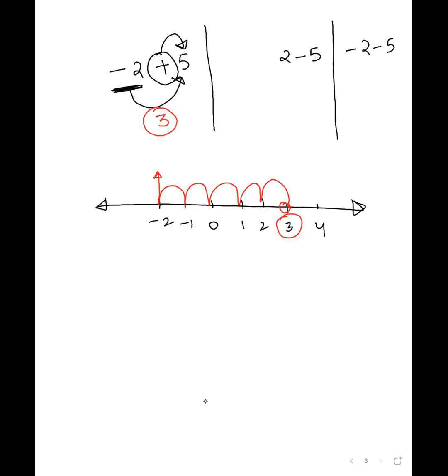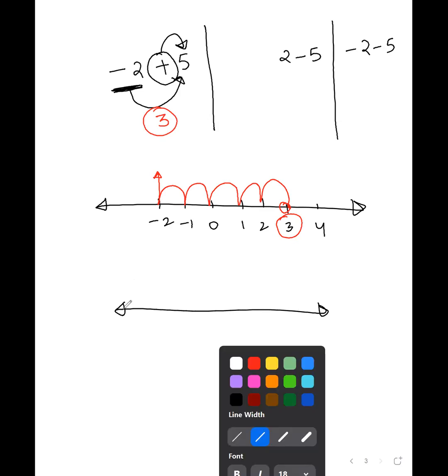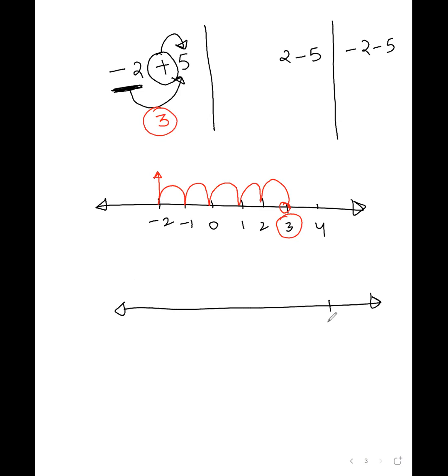Now let's consider the second one, 2 minus 5. So we have 2 over here. Since it is minus, we will be going left.